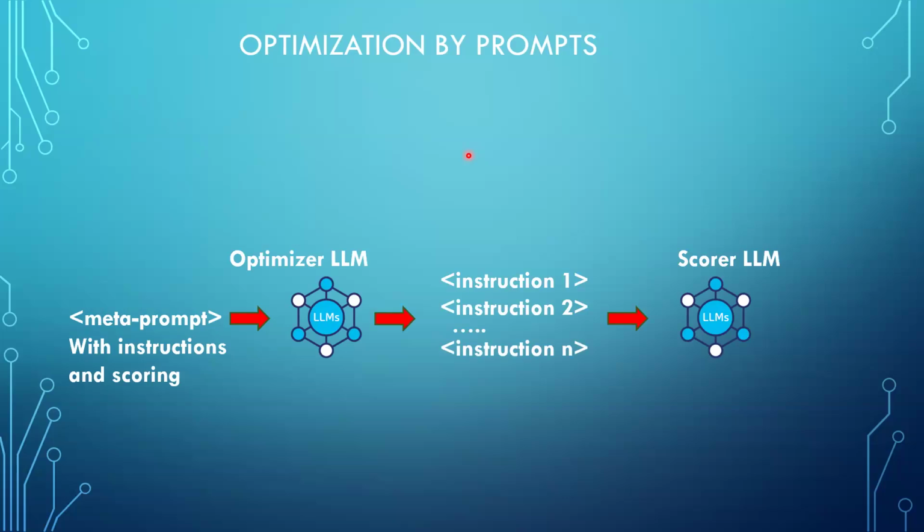For example, the optimizer LLM will issue various combinations of geometry, and then the scoring LLM agent will execute the simulation analysis, get the result, and evaluate against a certain target, for example, target impedance. You get a different kind of score, and then feed it back to the optimizer LLM.